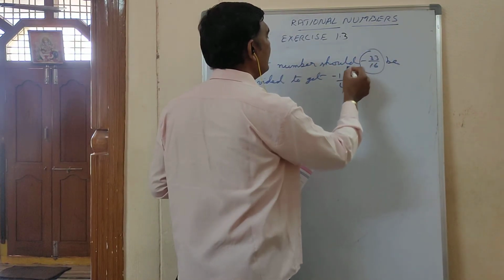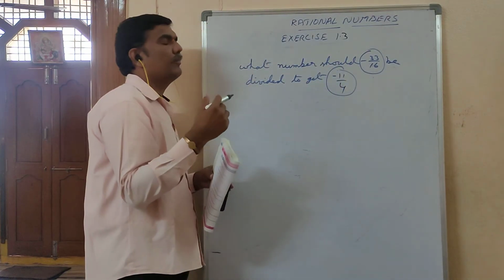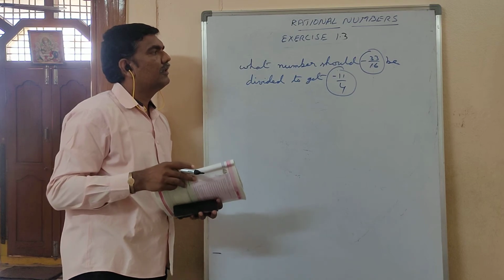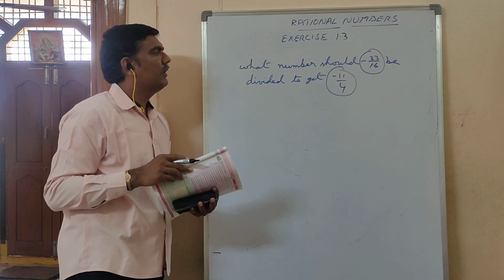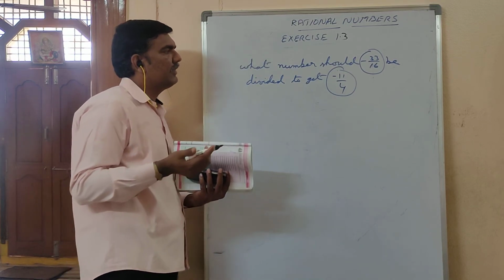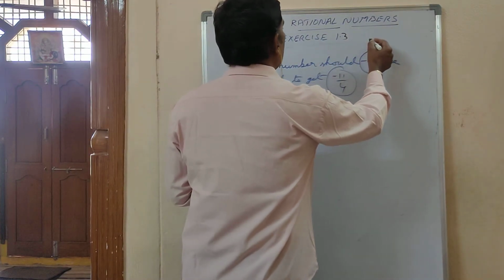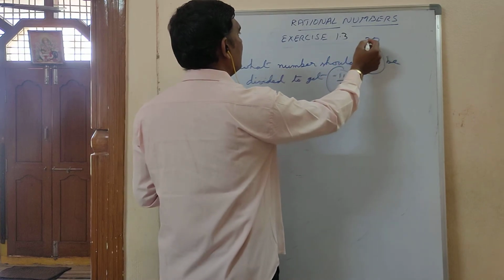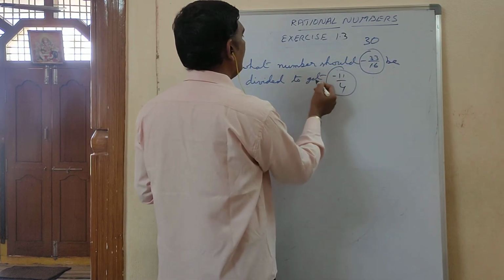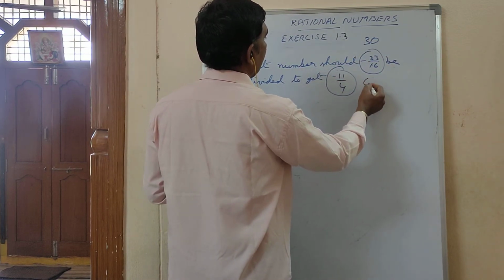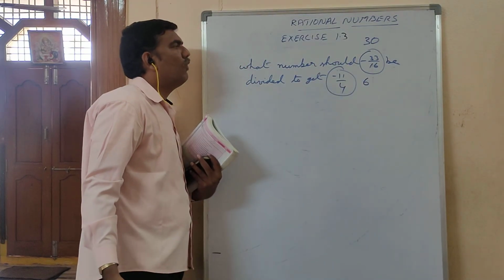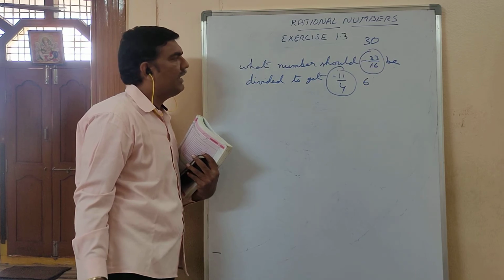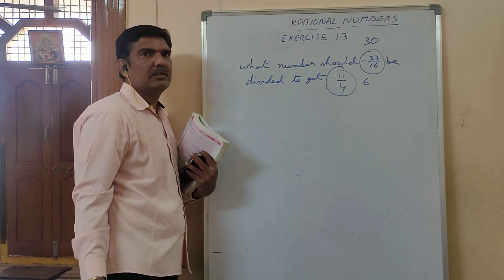Instead of these numbers, try to keep some natural numbers. What number should 30 be divided by to get maybe 6?